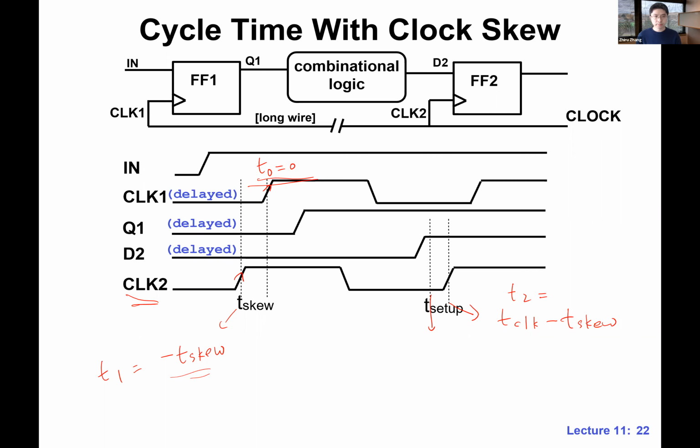Any questions? If you have a question, just ask. Where is T clock defined from? Good question. So this is a variable right now. Okay, this is just a symbol for us right now. This is our cycle time.